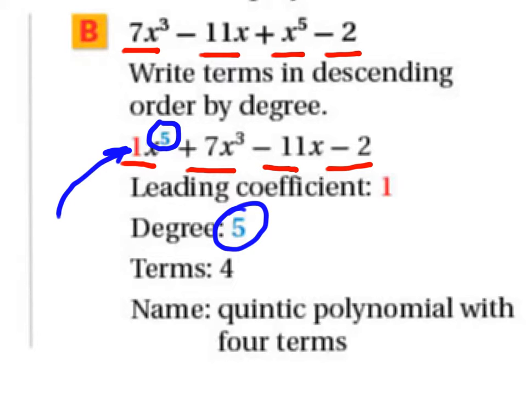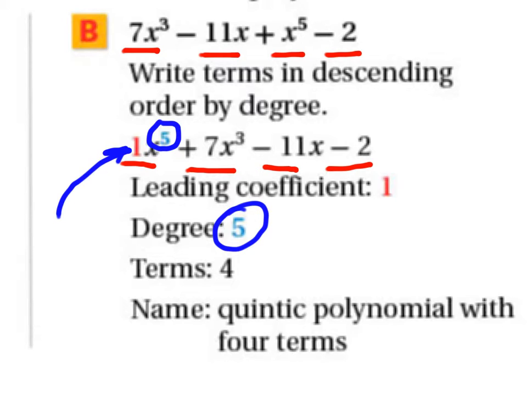You have 4 terms, all of which have been underlined in red. So now we have to name this polynomial. According to the leading exponent of 5, that makes it quintic. 4 is quartic. 3 is cubic. And of course 2 is square.